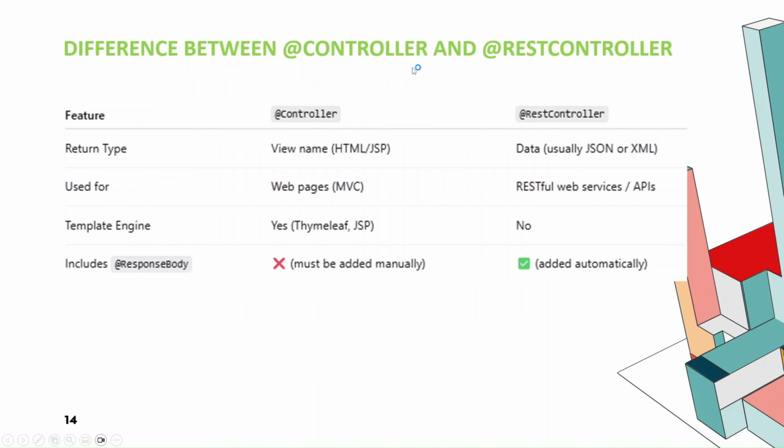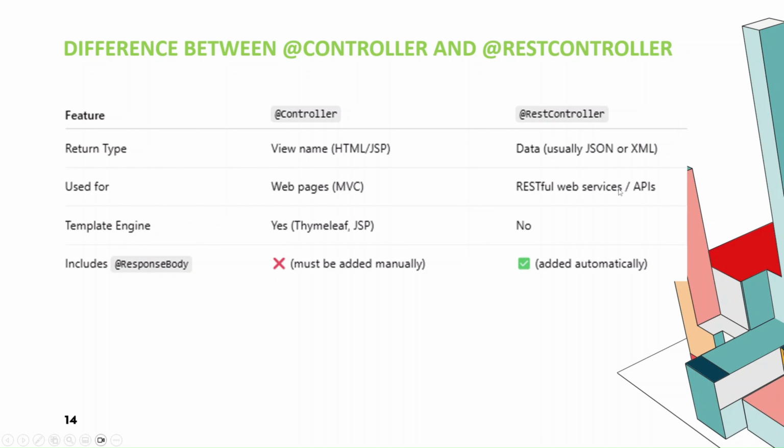This is another way we can compare. Return type is HTML or JSP because it will deal with the front end. Here there is no front end, it's like backend services. Consume input and throw the response as JSON, XML, string. So no front end here. Controller is used for web applications like model view. You will have an HTML page, take the request, process it, give it back to the HTML.